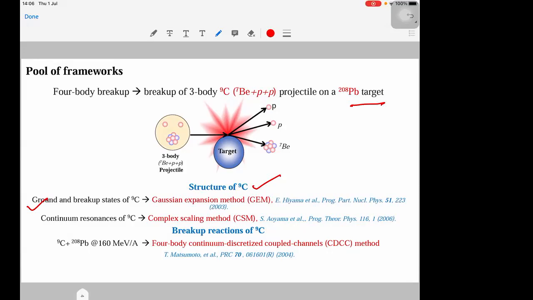For detailed insights into the continuum, that is, looking for resonances in the continuum, we make use of the complex scaling method. Once the structure of the projectile is fixed, we make use of this 3-body structure in the 4-body version of the continuum discretized coupled channel method to study the breakup reactions of 9-carbon. Now I will briefly introduce these frameworks one by one.